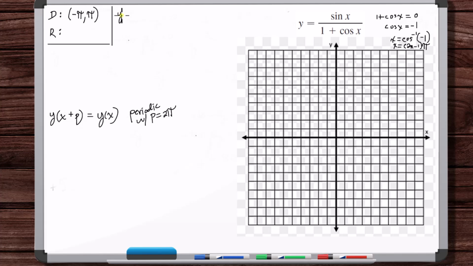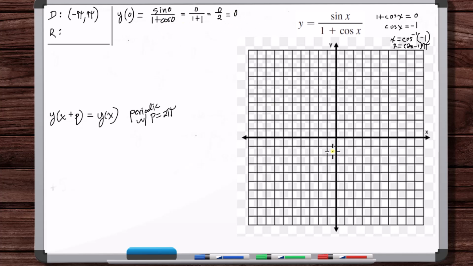Now let's get the intercepts. Let's get the y-intercept. Set x equal to 0 and solve for y. So sine of 0 over 1 plus cosine of 0. This is 1 plus 1, so 0 over 2, which is 0.